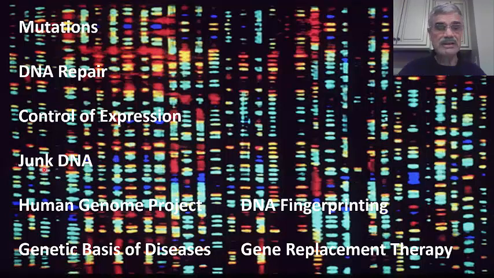What they learned, surprisingly, is that there's a lot of what they call junk DNA, that is, parts of the chromosomes, sequences of nucleotides in the DNA, for which there is no obvious function. That is, there were not genes. They didn't appear to code for proteins.